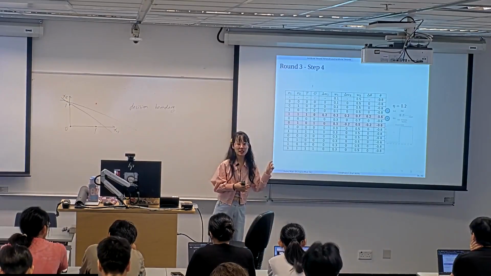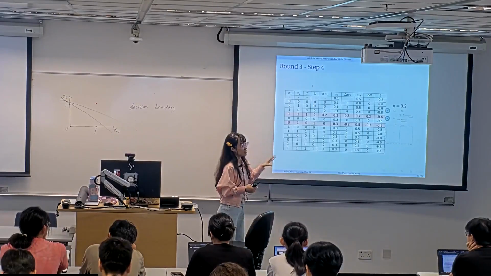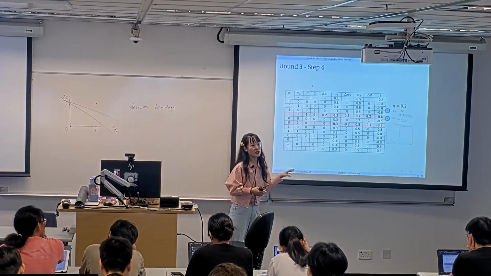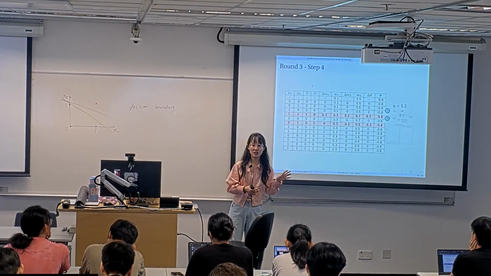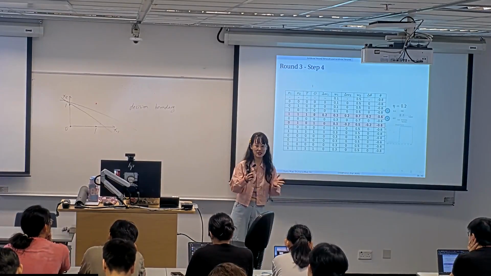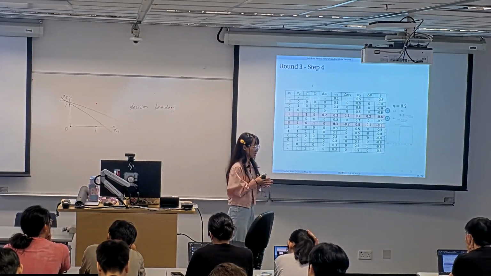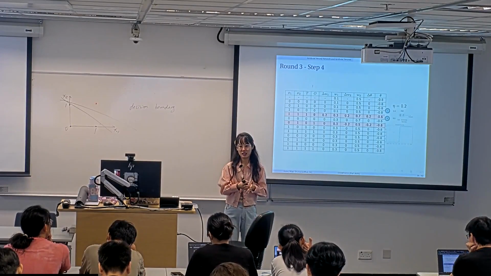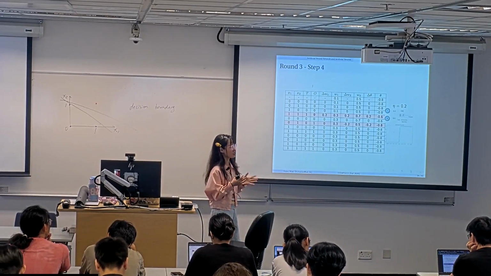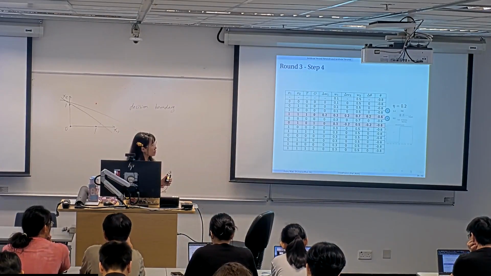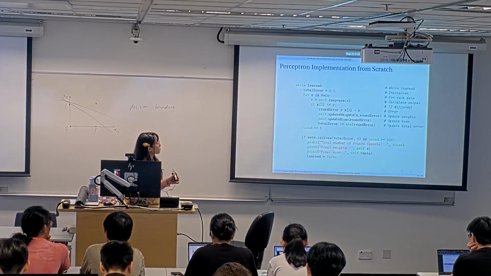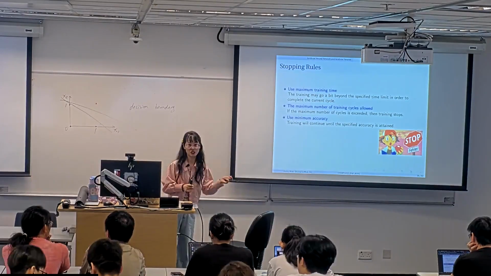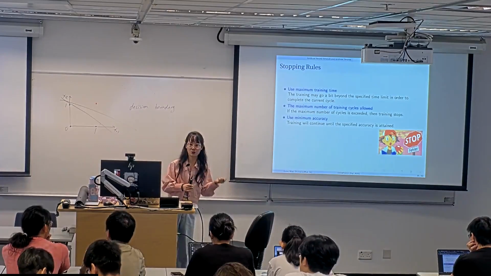That means in all the iterations, no matter how many iterations you run, there will always be some mistakes. You cannot reach some cycle with no mistake at all. Basically, the data cannot be learned by a perceptron. So that's why usually when setting the stopping rules of a perceptron, we don't always require convergence, because convergence is not guaranteed for a perceptron.